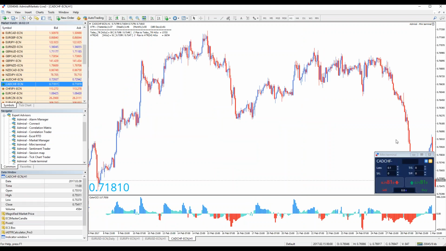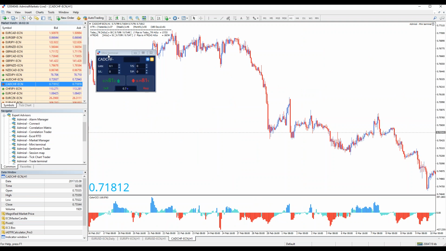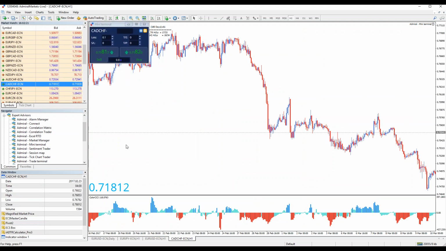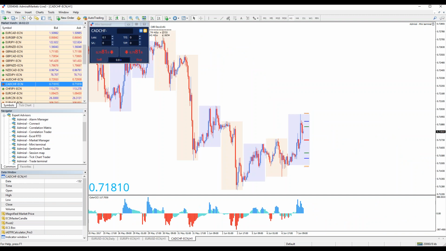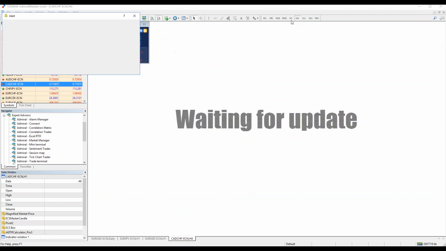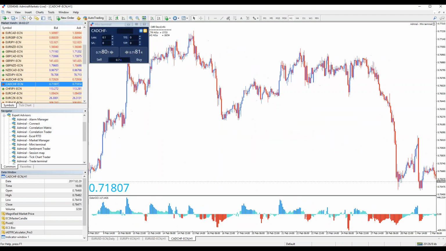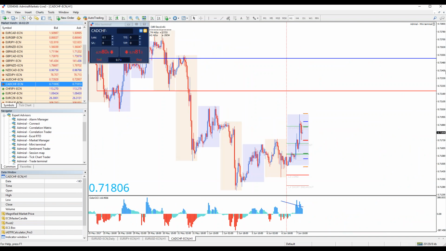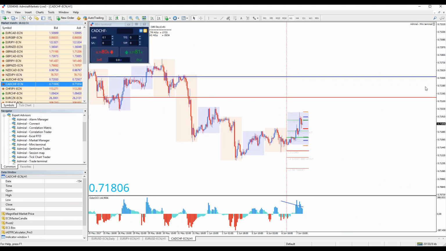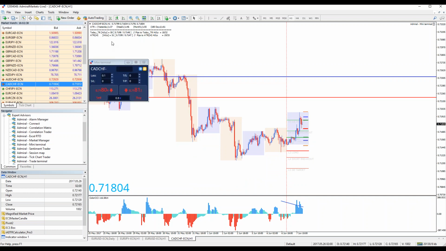Very slow pair, 51. This is very, very slow. I really don't like to trade pairs that are very, very slow. Here, I don't see anything particular except it could go down, but the range is very small, 50 pips.